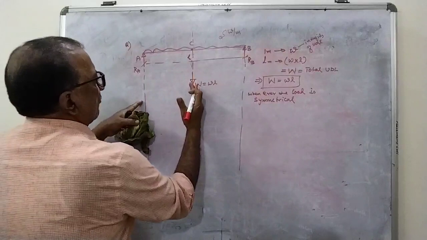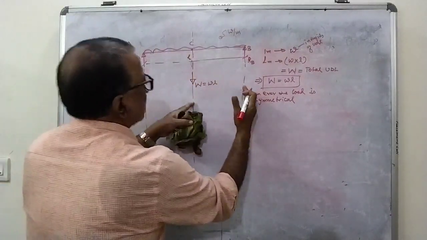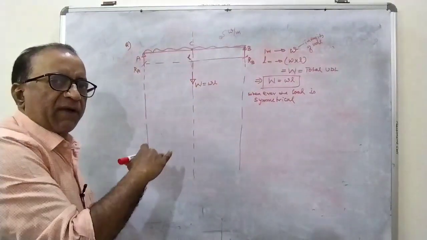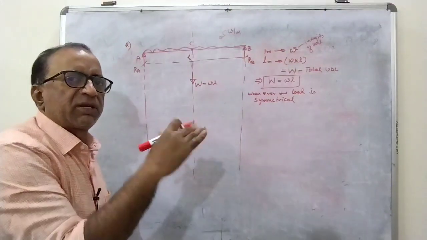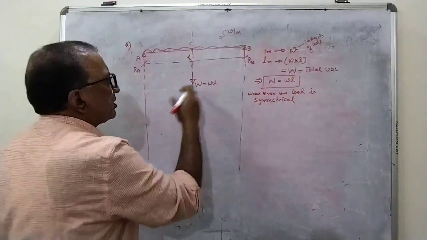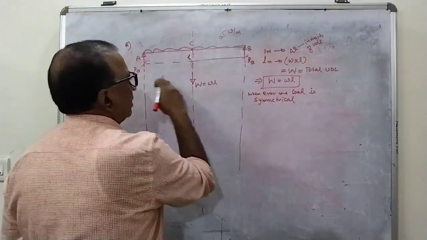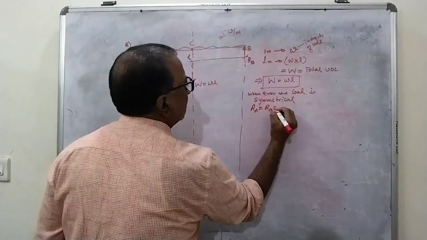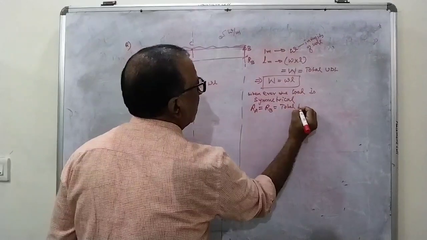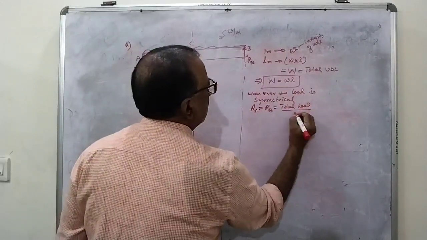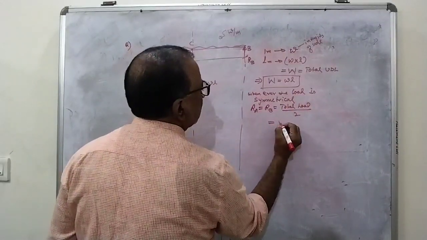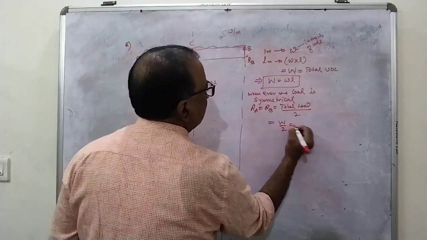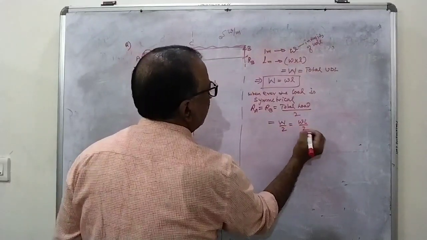When the left half is equal to the right half. Means when the left half is the mirror image of the right half, then you can say that it is a symmetrical load. So in that case, your RA will be equal to RB, that is equal to total load by 2. What is the total load here? Capital W by 2. It is nothing but small wL by 2.